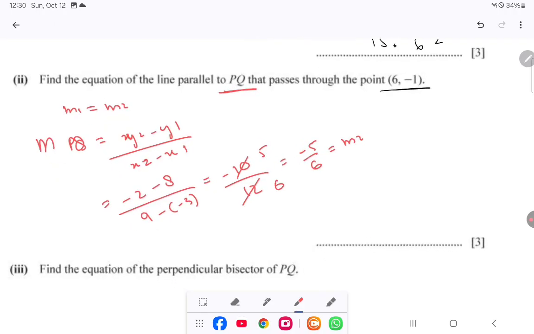Now in order to get the C, y is equal to mx plus c. Y is negative of 1, right here y, x. M is negative of 5 over 6 and x is 6, plus c, negative of 1. 6 and 6 will cancel out each other. Negative of 5 plus c.